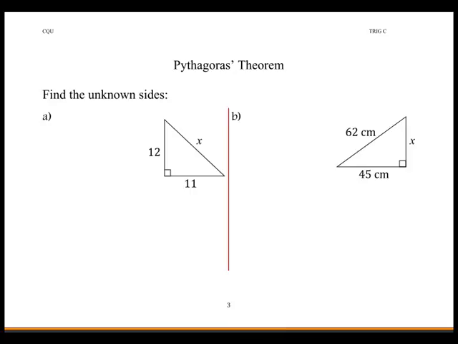Now we can use this rule to find sides on a triangle. So here's a good example where we've been given two sides of a right angle triangle, and we can find that side using Pythagoras. So as I've done here, remember to label.